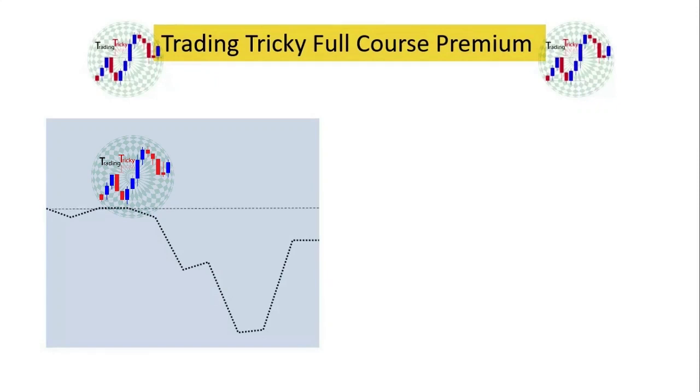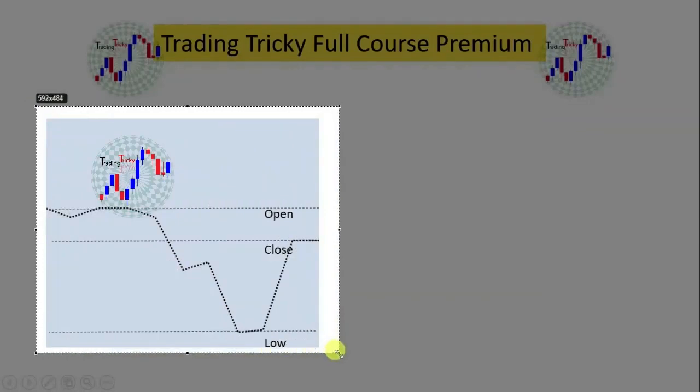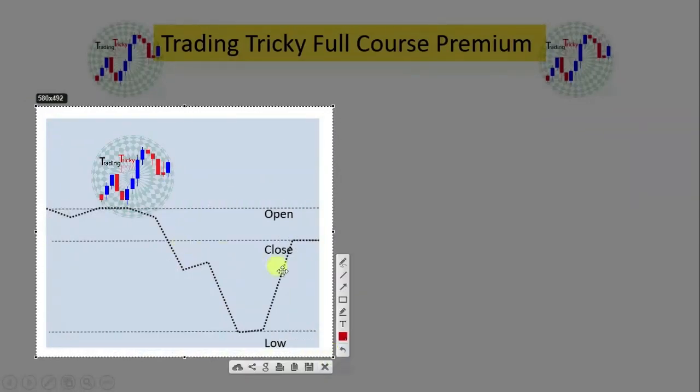Let's say this is a 1 minute candlestick, and this is the opening price, this is the lowest price, and this is the closing price. So this is the graph formation. Now if you convert it into candle formation, then you will have an idea how the candle is forming and what the candle is telling us.